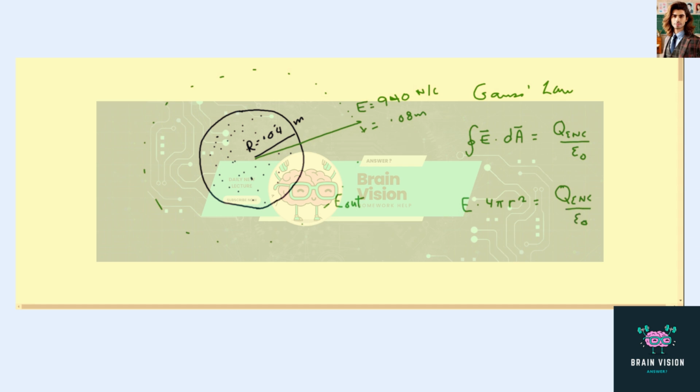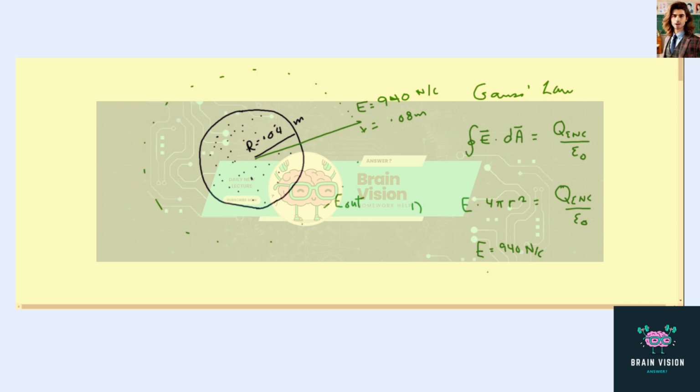So this should give us the entire charge enclosed, and then we can turn that into a uniform charge density. The electric field is 940 newtons per coulomb.